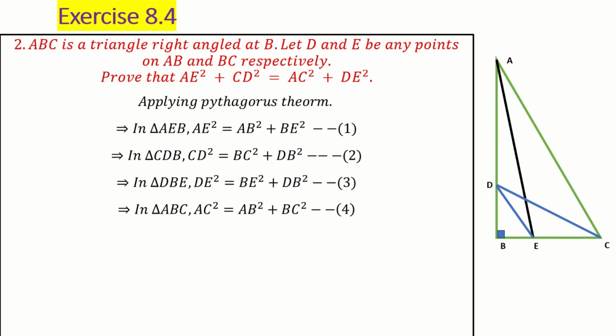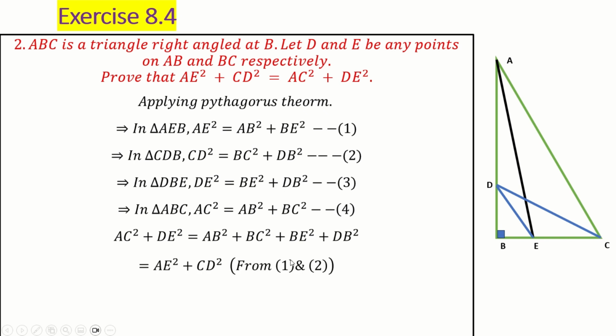So how do we take it? Adding 3 and 4, I get AC square plus DE square equal to AB square plus BC square plus BE square plus DB square.